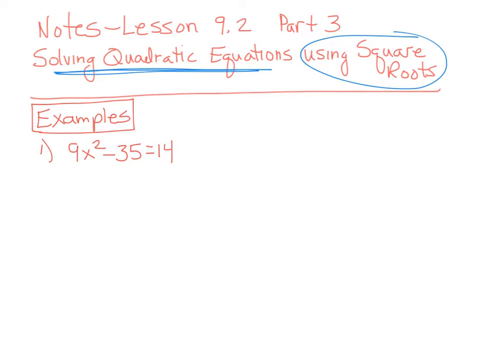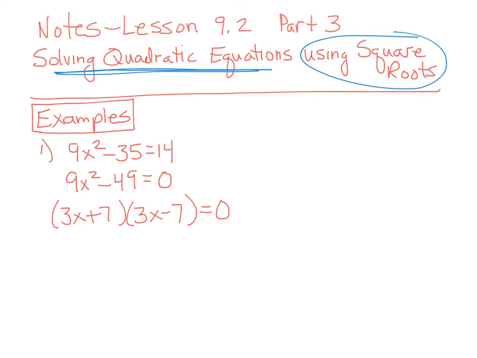So you'd subtract 14 from both sides, which would give you 9x squared minus 49 equals 0. And then hopefully you'd notice that this is a difference of two perfect squares, and so you'd factor it into two binomials, 3x plus 7 and 3x minus 7.